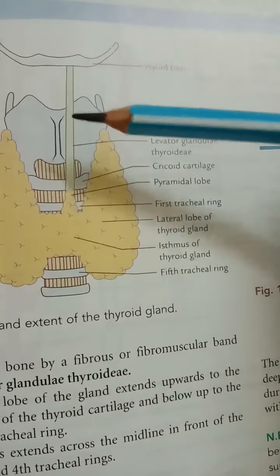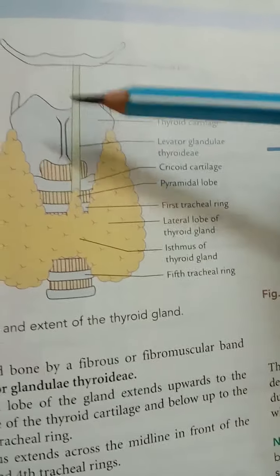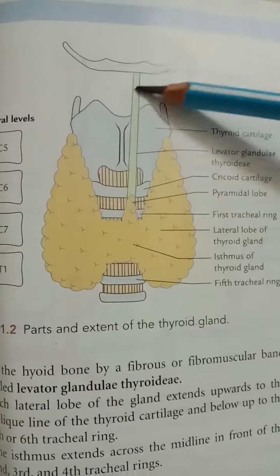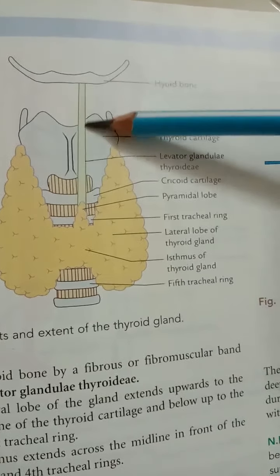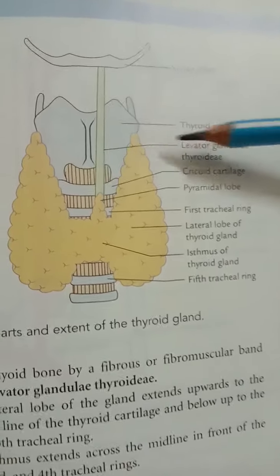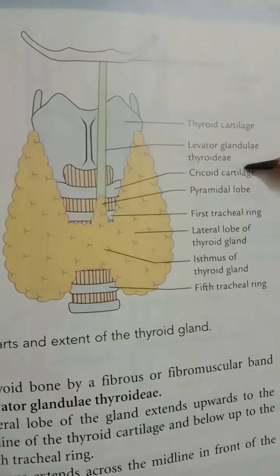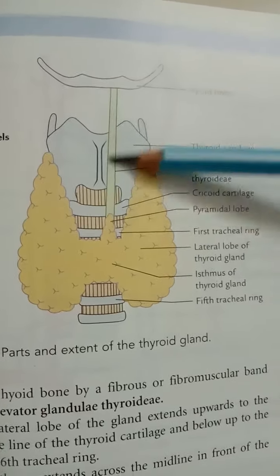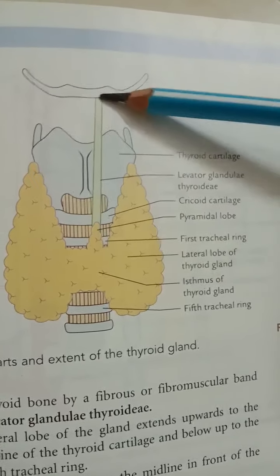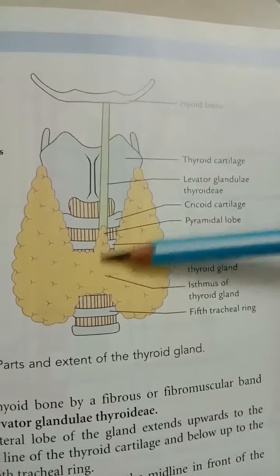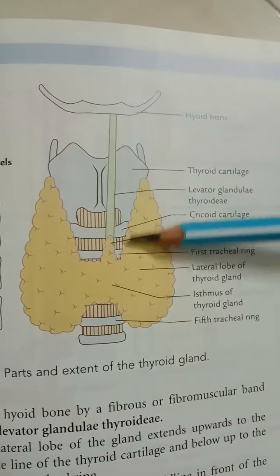Frequently it is connected to the body of the hyoid bone by a fibrous or fibromuscular band. So here you can see in green color, this is called the levator glandulae thyroideae. It is attached from the isthmus or from the pyramidal lobe to the body of the hyoid bone, but it is not always present.